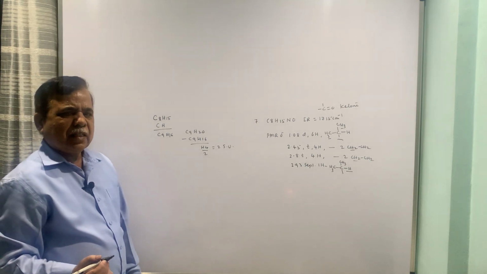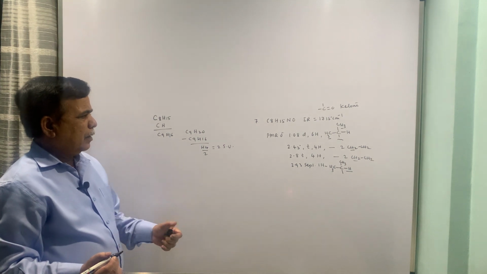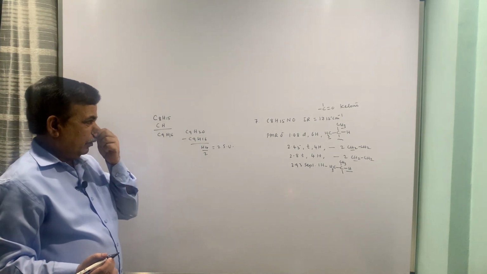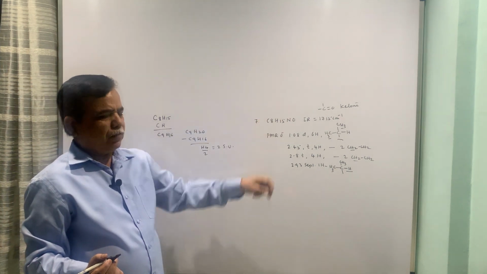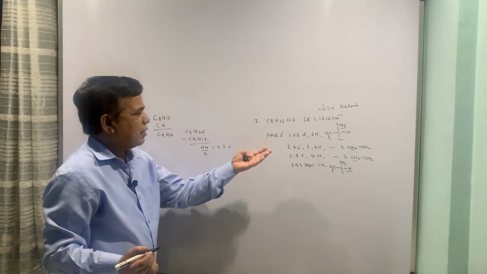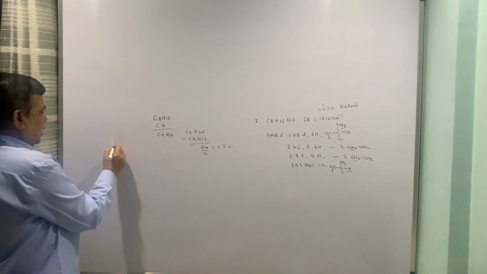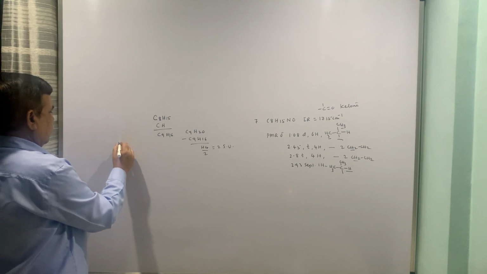So multiplicity is given by 6 plus 1, that is 7 septet, and we have to account for second site of unsaturation also. Carbonyl will take care of one site of unsaturation, and we have to look for the second site of unsaturation, that has to be in the form of alicyclic ring.